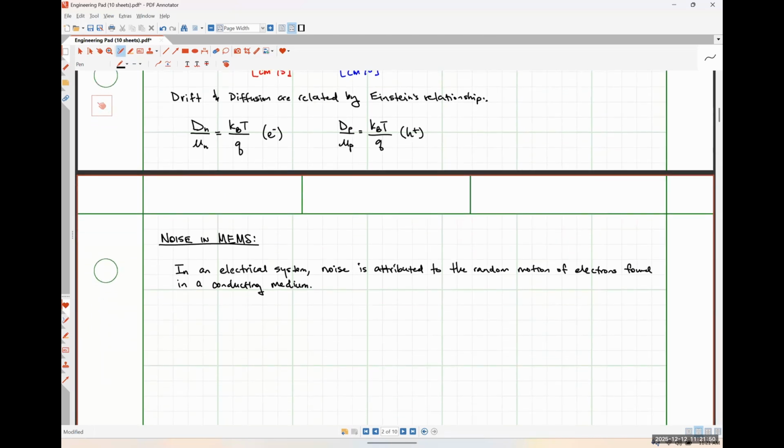Similarly, in a mechanical system, noise is attributed to the random thermal vibrations of atoms in a mass.